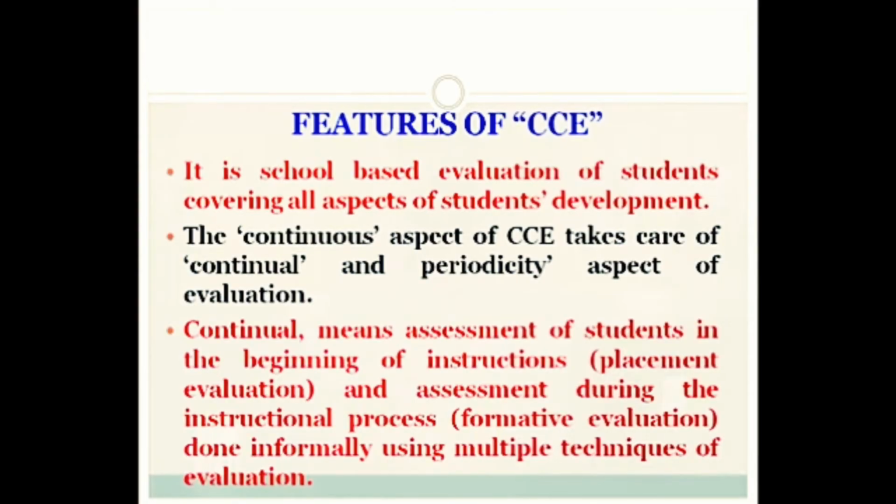The continuous aspect of CCE takes care of the continual and periodicity aspects of evaluation. Now, what does the continual aspect of CCE refer to? Continual aspect means the evaluation of the students, whether in subject related areas or in co-curricular activities, must be on a regular, continual basis.